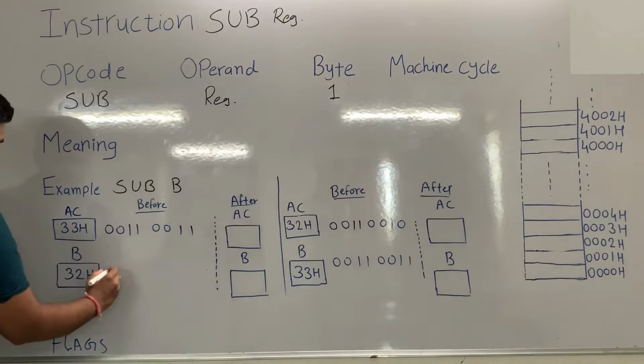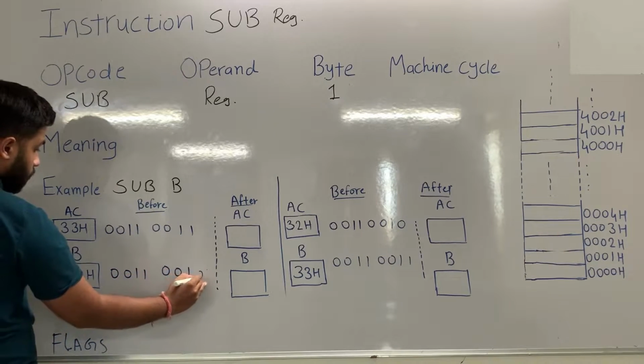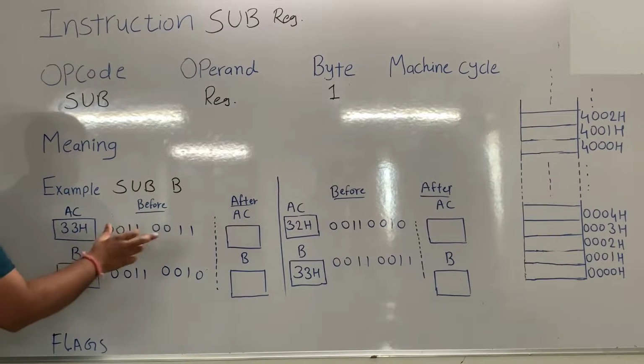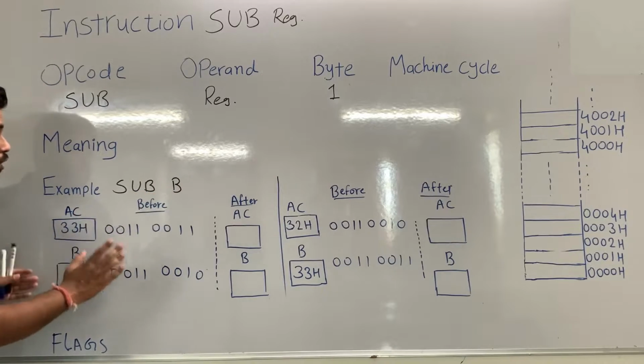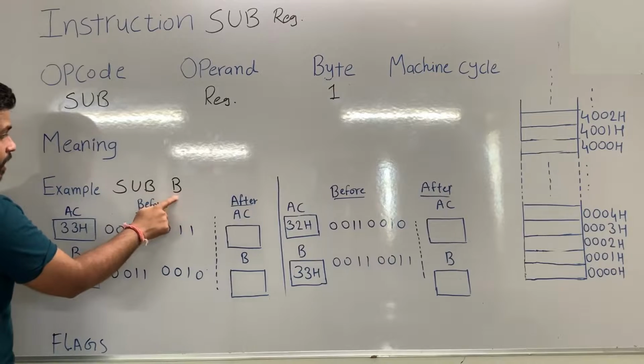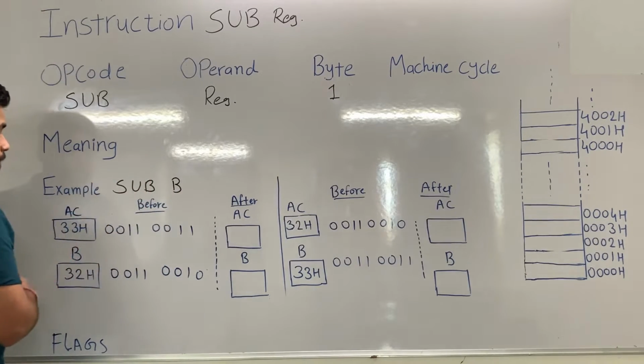If you convert into binary, you will get 00110010. So before the execution, the content of accumulator and B is this. So the instruction is SUB B. It means subtract the content of B from the accumulator and answer will be stored in the accumulator.